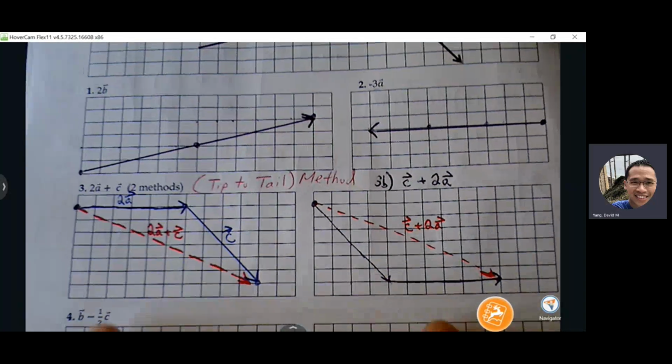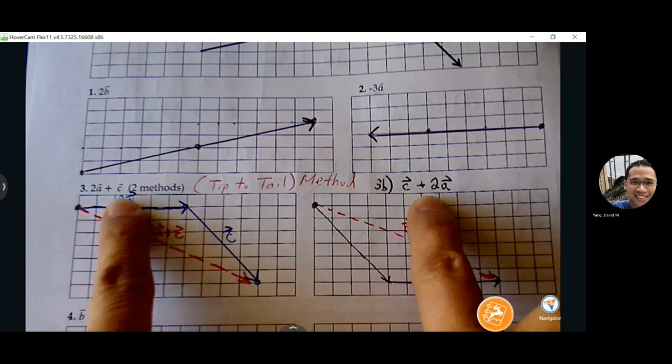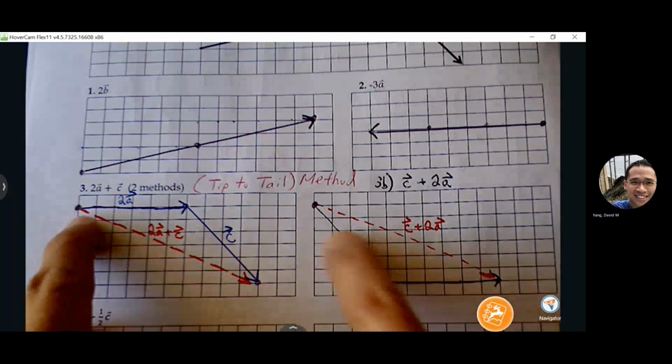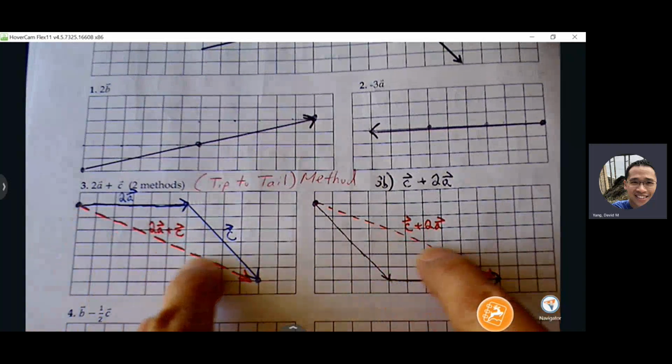I want to show you that it doesn't matter which one I begin with, my resultant vector will be the same, because both of these have the same direction and both have the same magnitude.